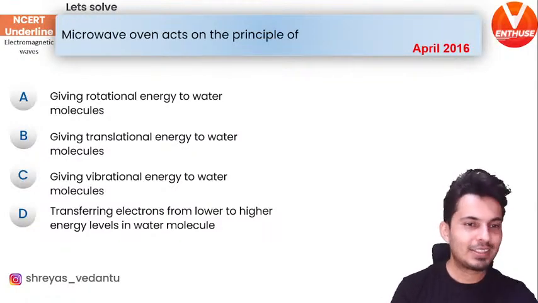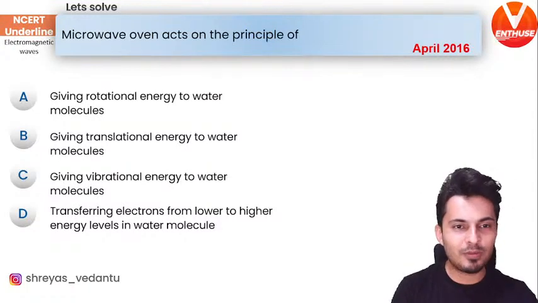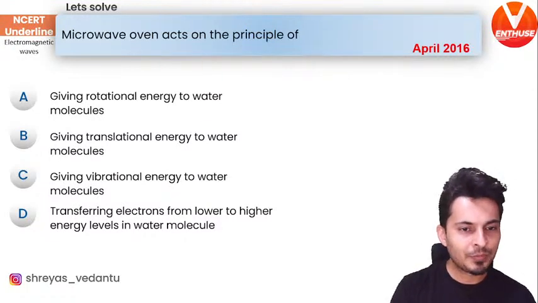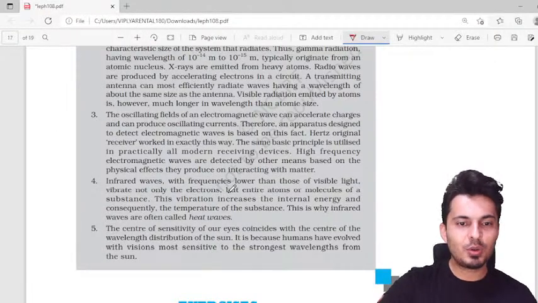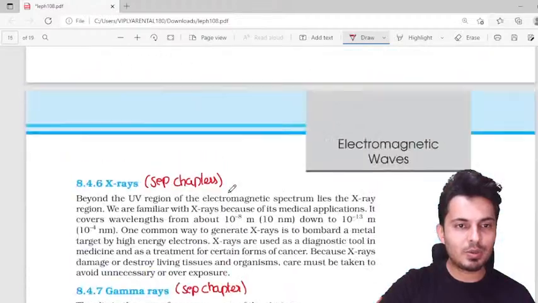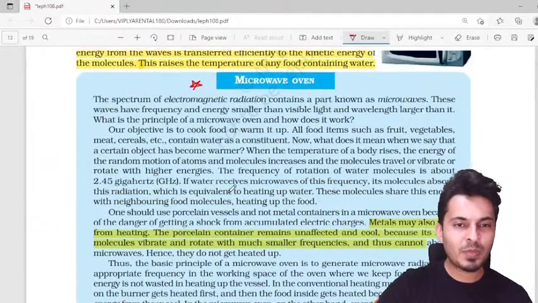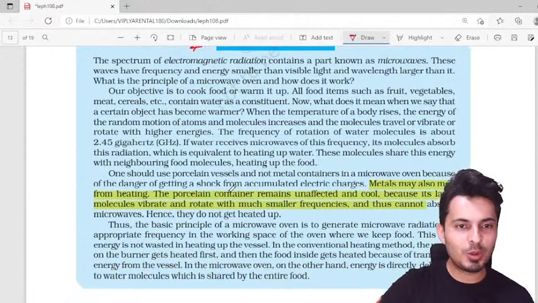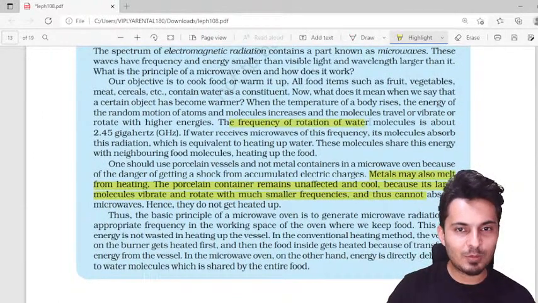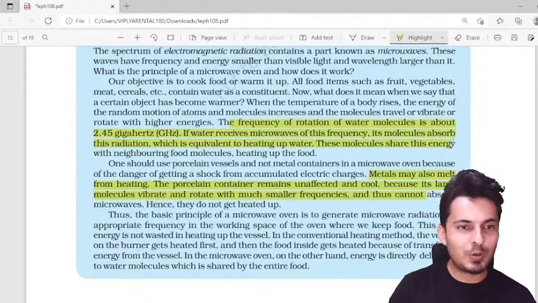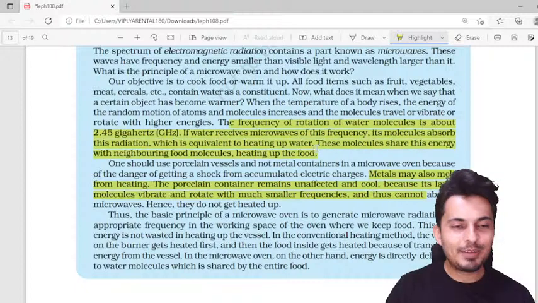Come on. Okay. So in case you have forgotten, it's okay. Let me also show you where it is. It's right there in NCERT. So if you go up in NCERT, you will see there is a beautiful paragraph on the microwave oven, which I just showed you. And you can see that it is clearly mentioned the frequency of rotation of water molecules is going to match with the frequency of the microwaves.